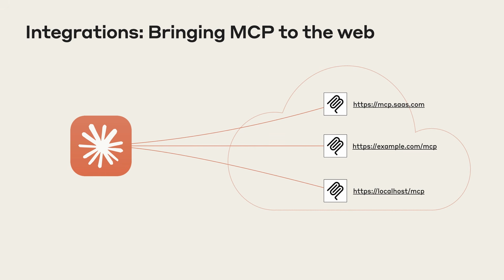But I think we can take the next step, and I think this is MCP's really big next thing, is bringing MCP servers away from the local experience to the web. And so what does this mean? It means that instead of having an MCP server that is a Docker container or some form of local executable, it is nothing else but a website that your client can connect to and exposes MCP and you talk to.